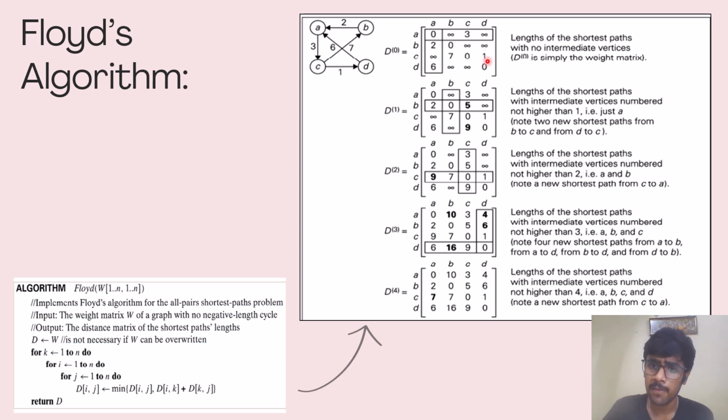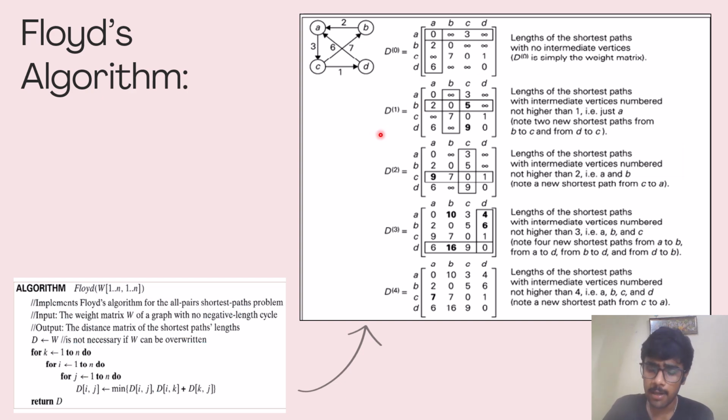Hence between infinity and infinity the minimum is infinity, so I'll write infinity. If there is any value already present, suppose here 7, we should not change those values; we should write them as they are in D of 1. Only when we get zeros or infinities should we apply the Floyd's algorithm formula. In other cases, what is present in D of 0 we should write the same in D of 1.